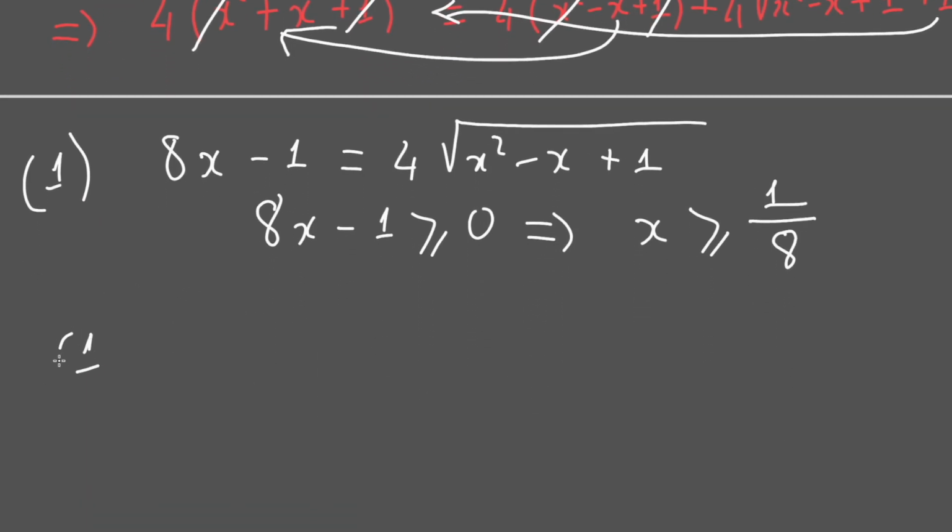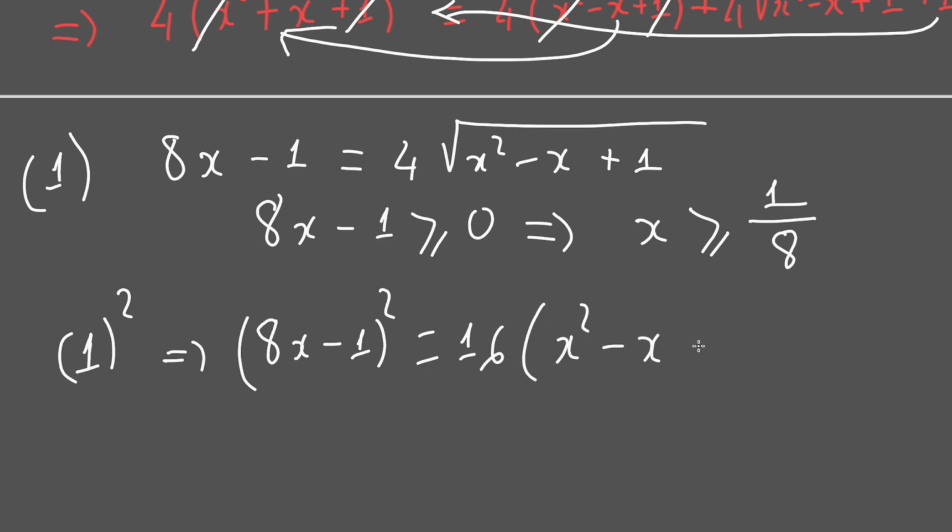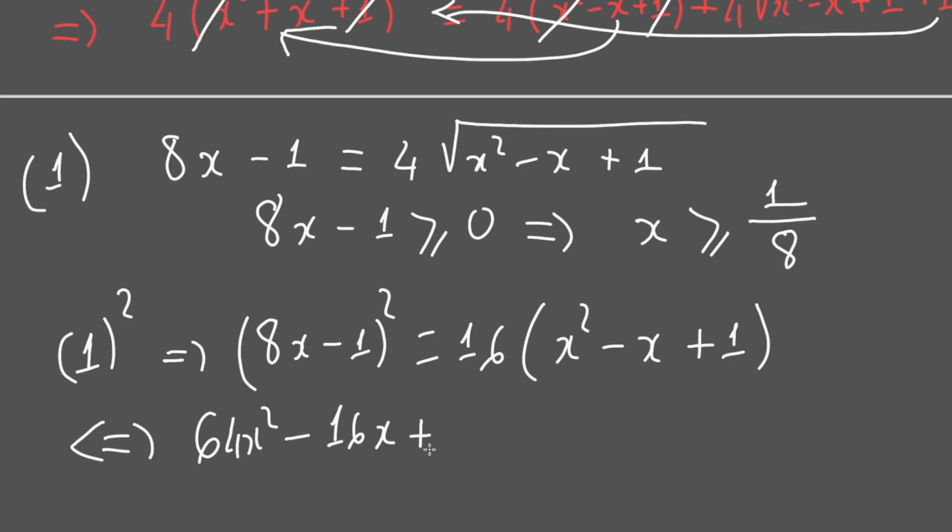So squaring equation 1 means (8x minus 1) squared equals 16 times (x squared minus x plus 1), which implies 64x squared minus 16x plus 1 equals 16x squared minus 16x plus 16.